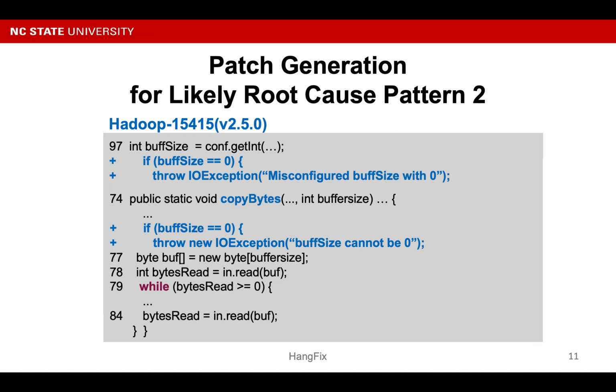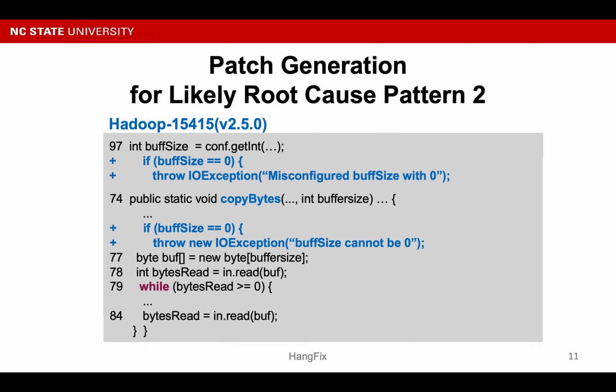After intersecting the two value sets, we infer that if the buffer size parameter is equal to 0, then the infinite loop happens. So, we insert a checker after line 97, like this. If the buffer size parameter is equal to 0, we throw an IO exception with a useful log message.